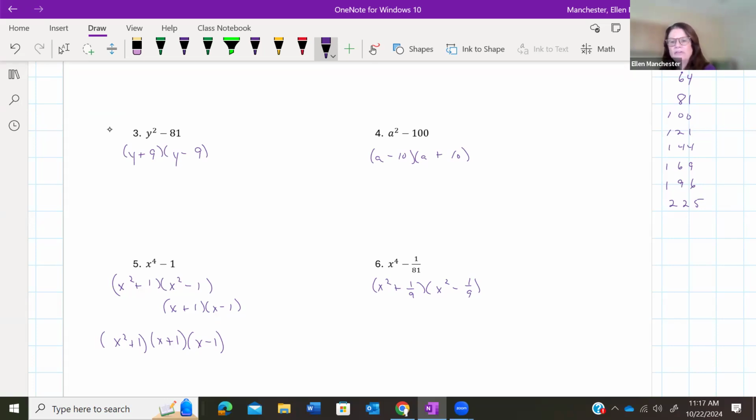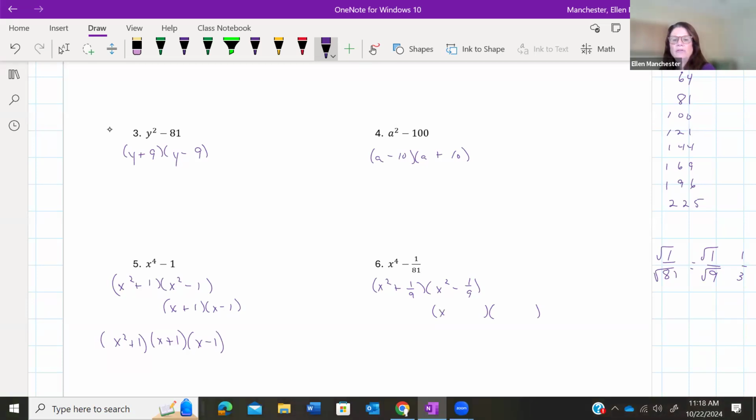Okay. And then number 6, exact same thing. Now, even though it's a fraction, 1 over 81, just remember you can square root each piece. So the square root of 1 is 1. Square root of 81 is 9. And then I have difference of two squares again on the x squared minus 1/9, because the square root of 1 is 1, square root of 9 is 3.